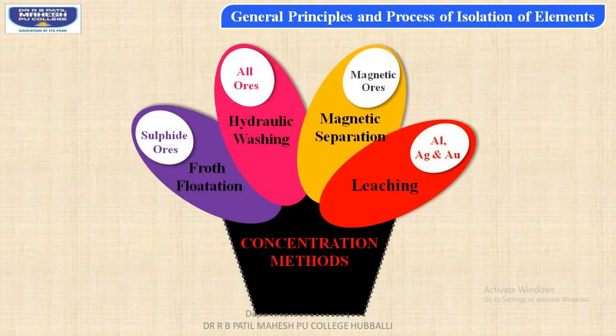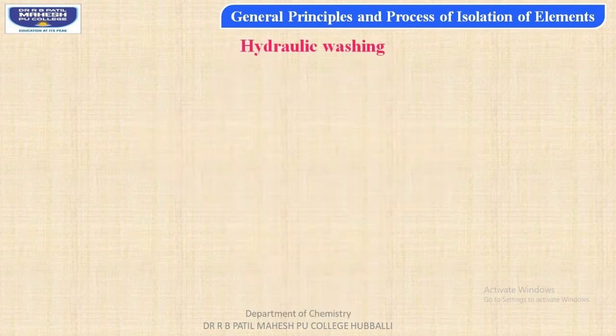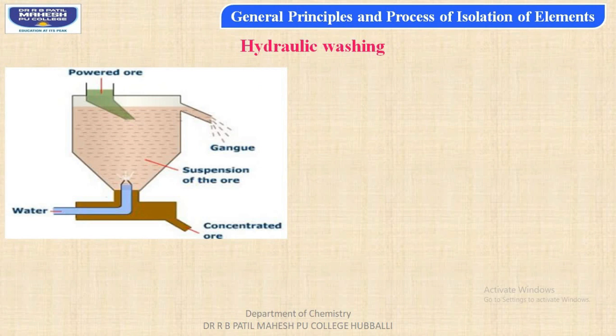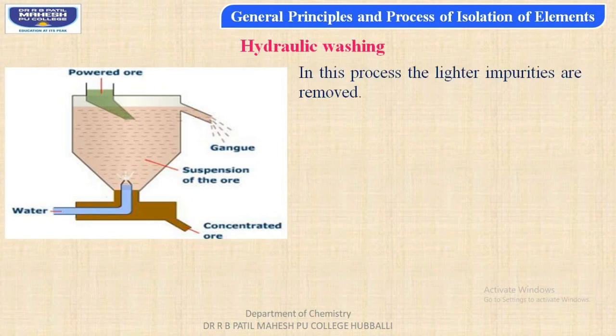Let us consider the second method for the concentration of ore, that is hydraulic washing. In this process, students, the lighter impurities are easily removed away. The finely powdered ore is fed into this tank from the top, and water is allowed from the bottom of the tank with a high amount of pressure.